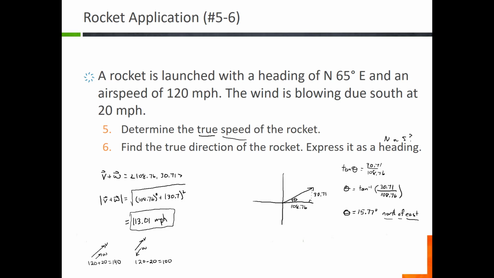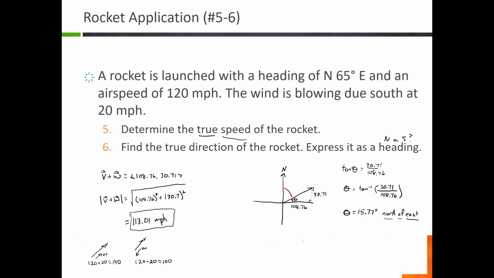The other option, if we wanted to express this as a heading, is that I like to express them as angles from north or south. To do that, we need to figure out the angle from the north axis. Remember, north is the y-axis. So I really want to express it as this angle here, which is easy to find because we already know theta.